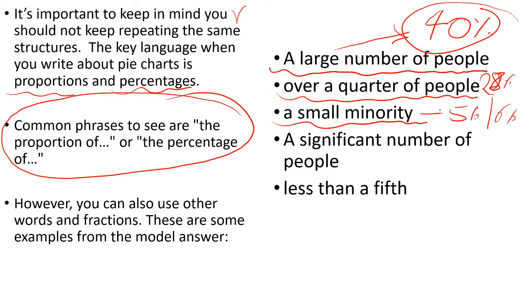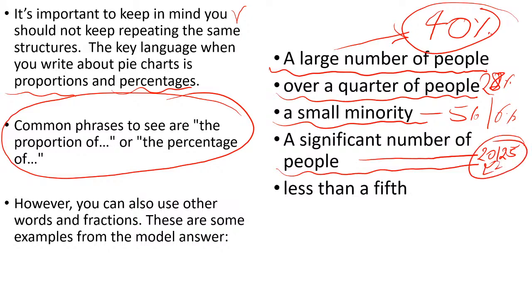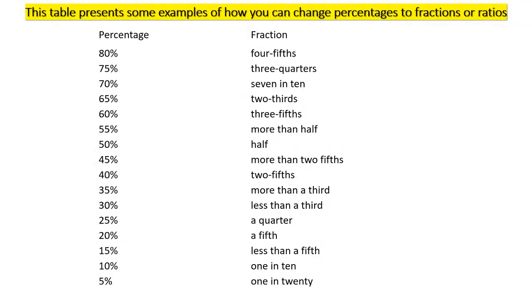'A significant number of people' means a number which cannot be ignored, like 20% or 22%. So you can write 'a significant number of people', or 'less than a fifth' there.